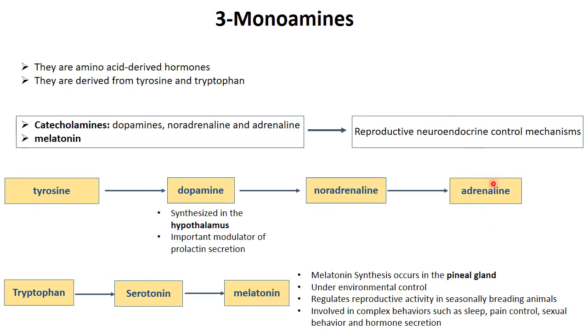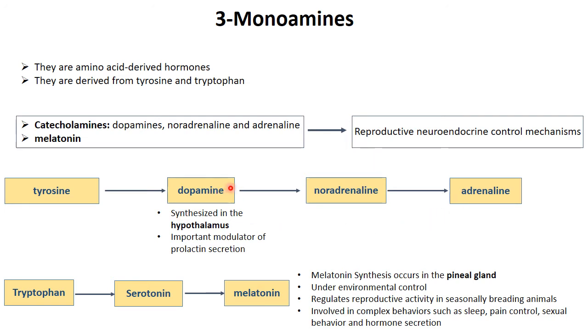And adrenaline is known to be increased during the feeling of fear or anger, and it induces an increase in the heart rate and muscle contraction, so it is induced during stress, fear or anger.